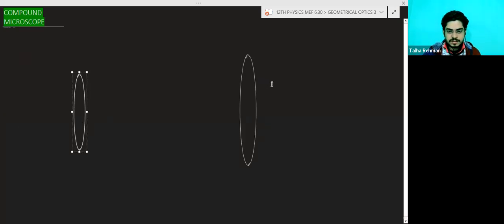So this is the objective lens and this is the eyepiece lens.